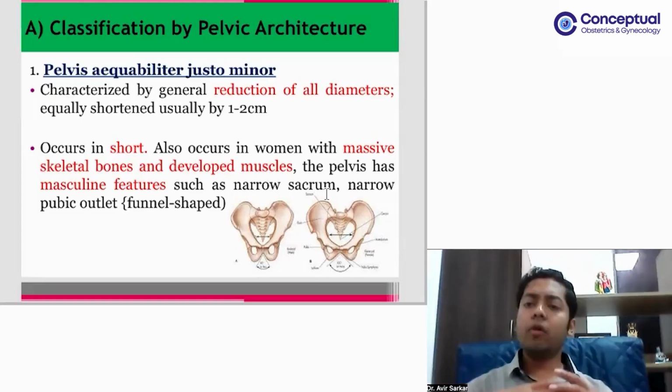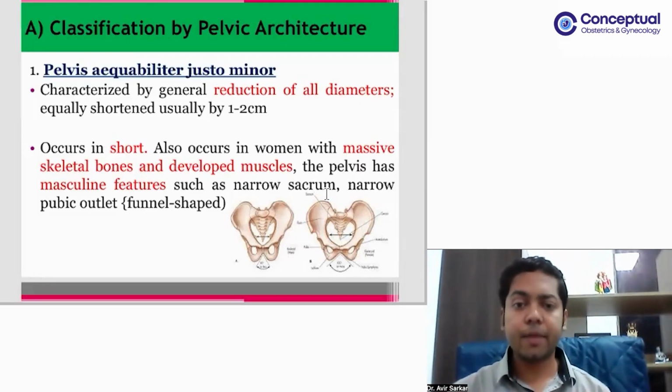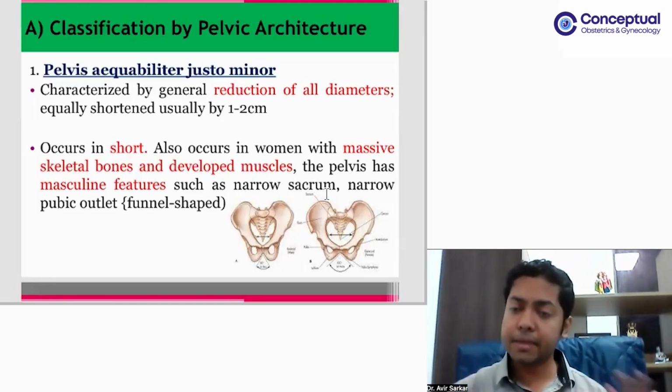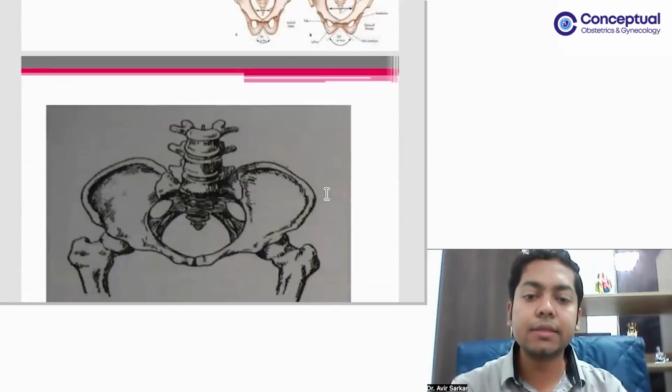This means all the diameters are reduced just by borderline 1 to 2 centimeters. And also the skeletal bones are a minor bit underdeveloped. So the pelvis is masculine in feature with narrow sacrum, narrow pubic outlet, which is called a funnel shaped outlet. Okay. So these are the diameters.